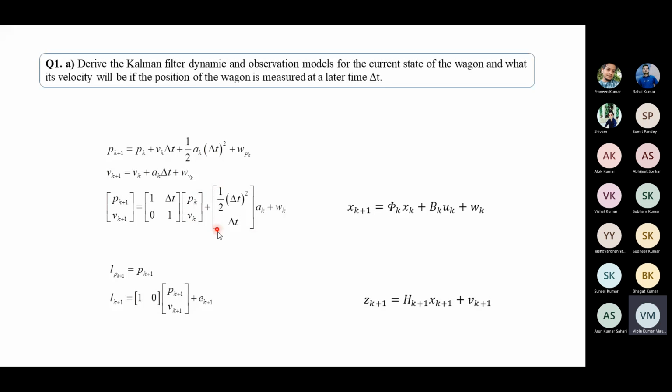And we can see that there was a random acceleration of 0.1 meter per second square, so that will be used for the calculation of the system noise covariance matrix. Are these questions clear to everyone? Any doubt? In the first question 1A, it asked us just to give the dynamic and observation models, and we have prepared those equations, this one and this one.